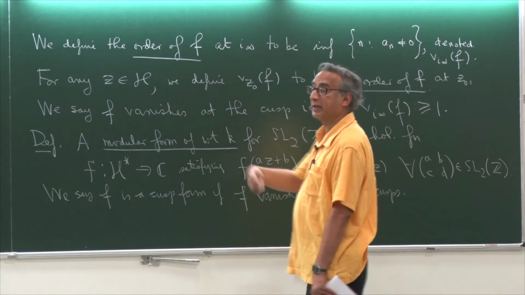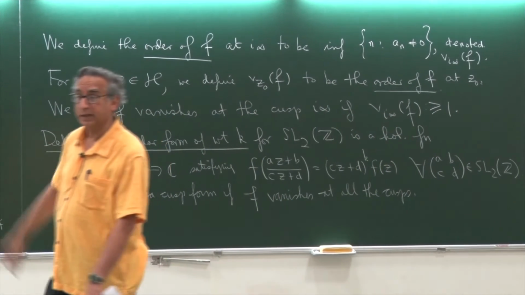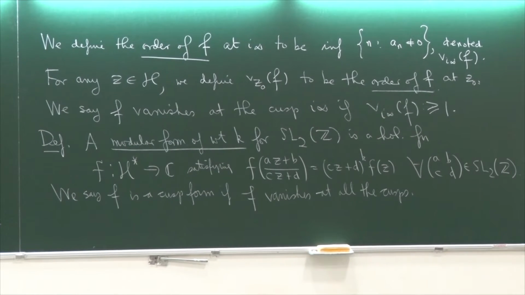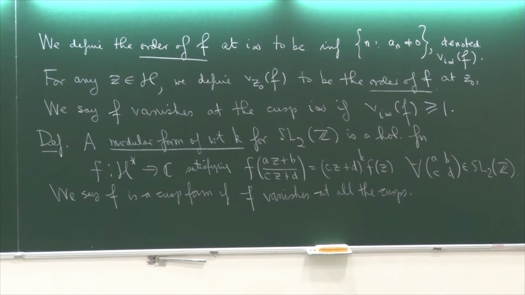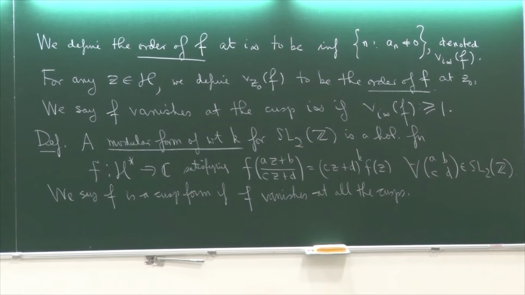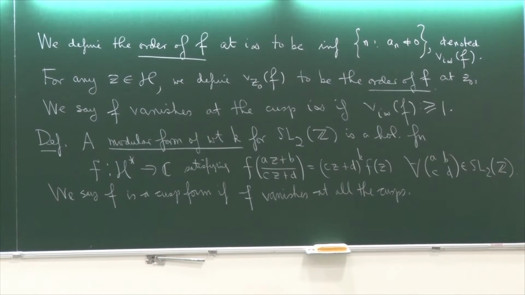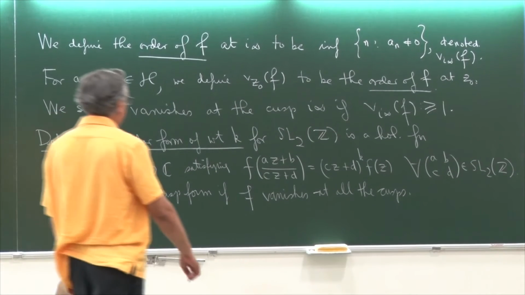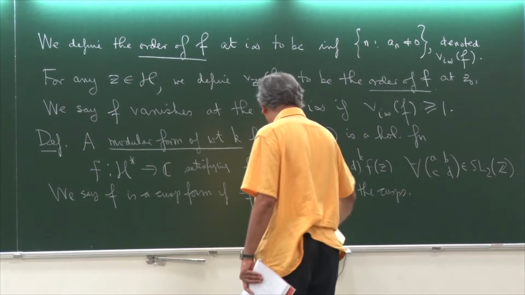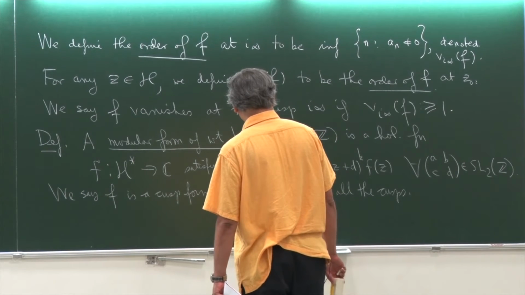Remember, the cusps were those extra points that I added to get the extended upper half plane. In the case of SL2Z, there's only one inequivalent cusp. So in that case, you only need to check infinity. But in the case of higher levels, you may have to check the behavior at other cusps.